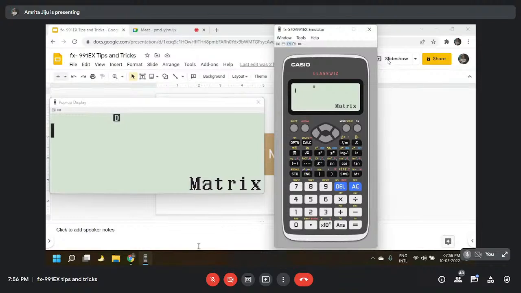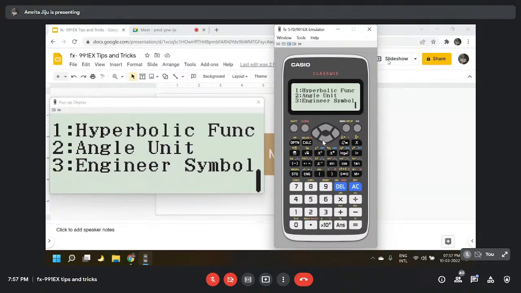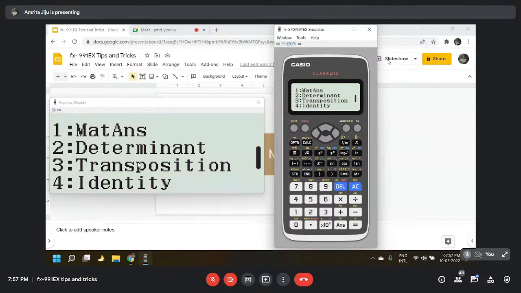And if you want to find the adjoint of the matrix, how will you do it? There is actually no adjoint option here. It's just the basic operations: transposition of the matrix, identity matrix.